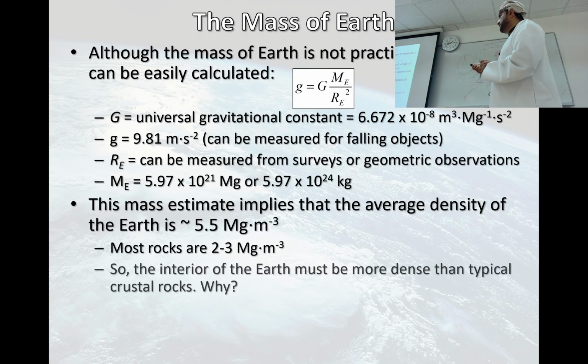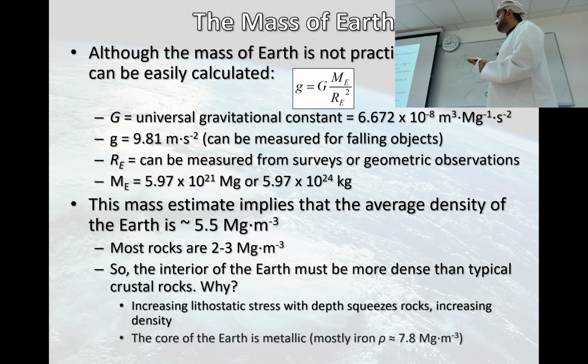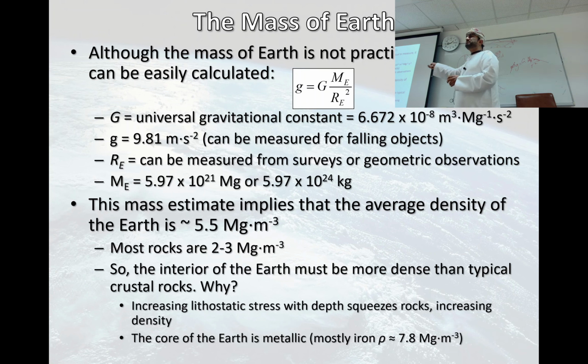So let's take some examples. That's the gravity value, and this is the G constant, the average value. If someone asks you what is the mass of the Earth, based on this equation, could it be measured practically without using satellite images? Or could we measure the density of the Earth?